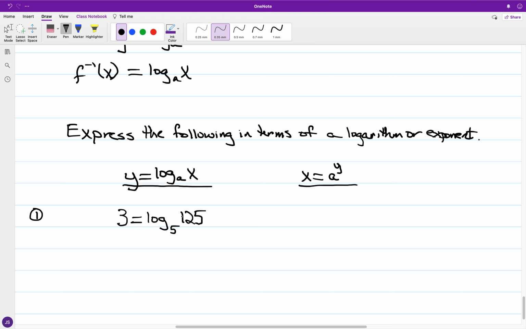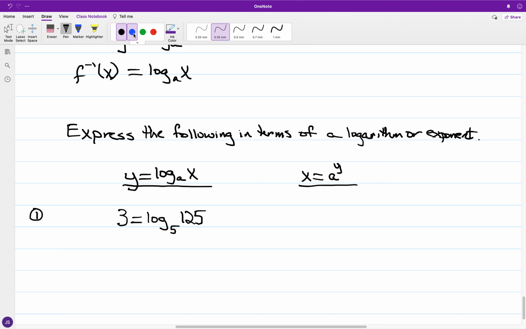Okay, so you might have, in your textbook or as an ALEKS exercise, base 5 logarithm of 125 is equal to 3. And you can just take the commutative property, switch the sides to have it in the y is equal to the base a logarithm of x format.